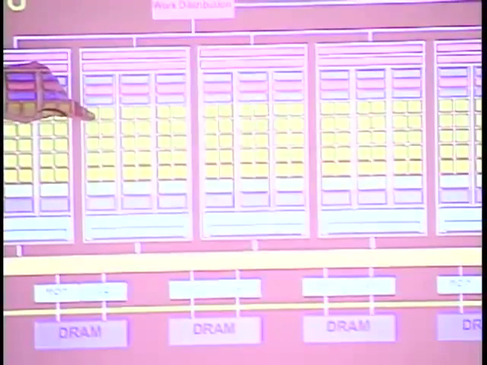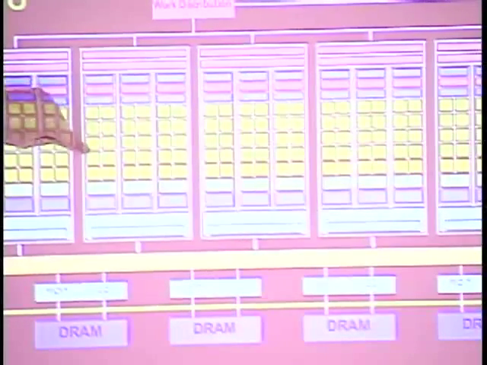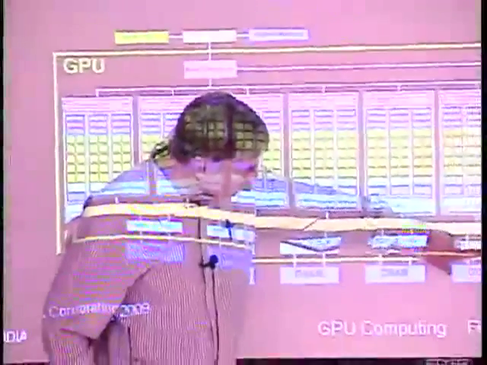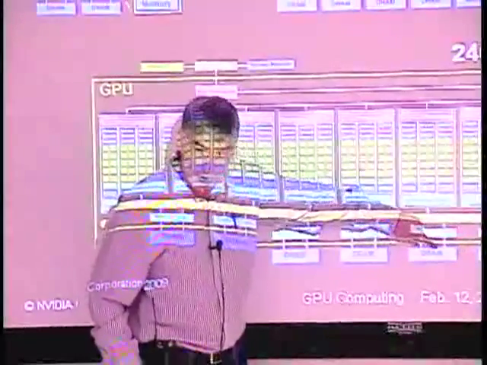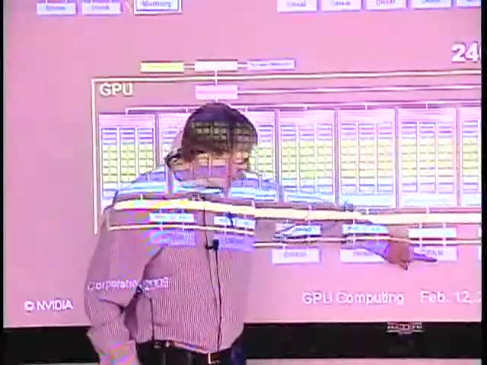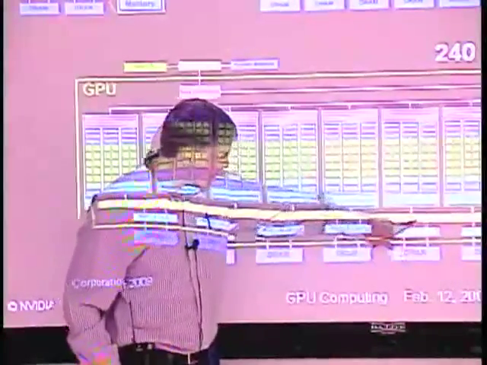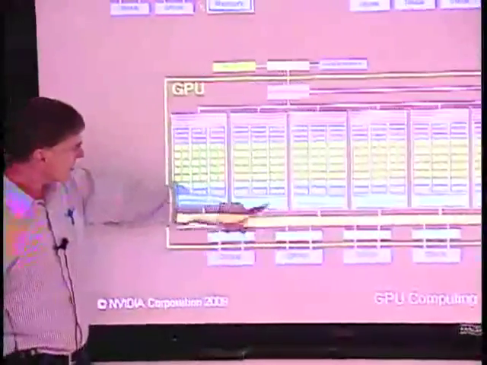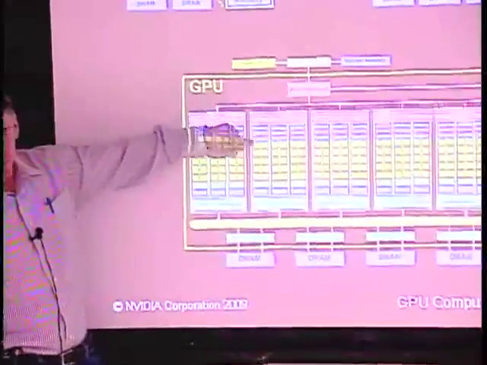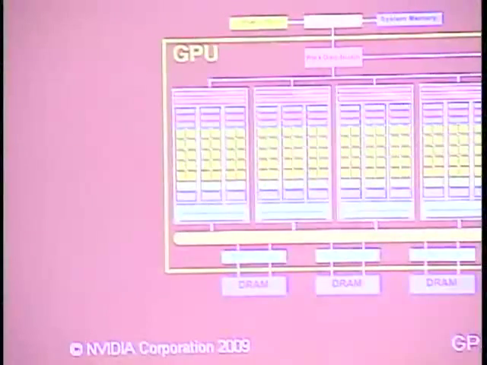For example, if this processor here does a load instruction or a texture fetch, it has to route that texture fetch request or the load address request through this interconnect, over to the particular L2 cache and DRAM controller that owns that address. And then it has to pick up the data and route the data packet back up to the processor. Okay, so there's a big network inside there.